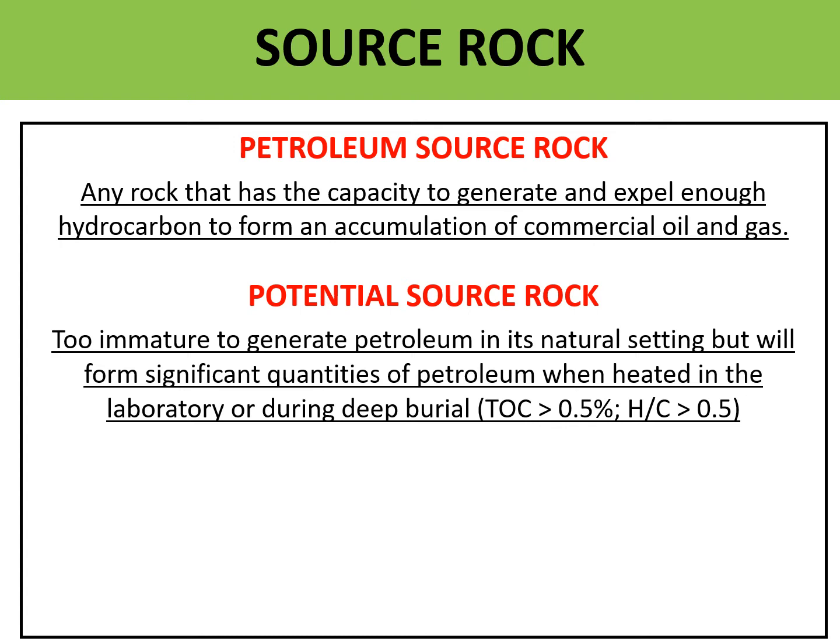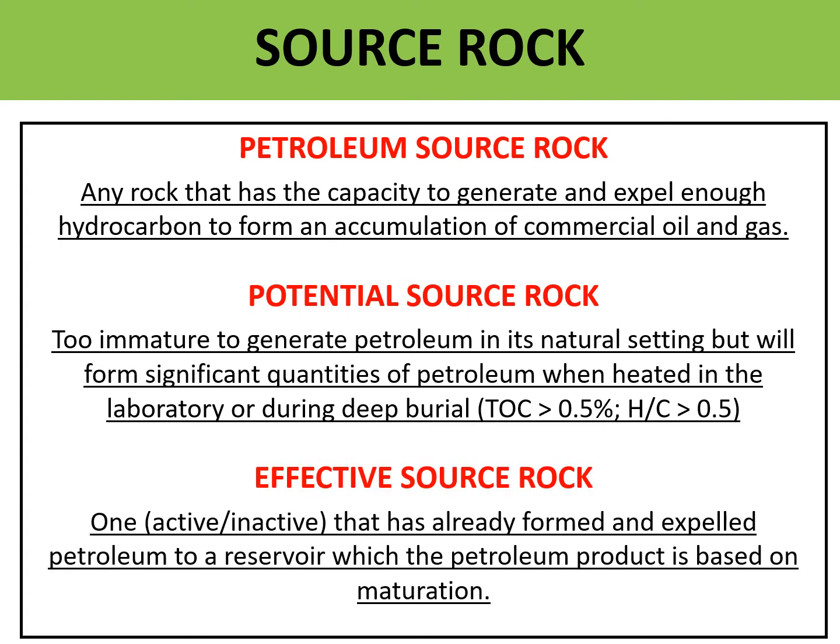For a source rock to be a potential source rock, it must have a minimum total organic carbon content of 0.5 weight percent, or it can be determined by the elements of hydrogen and carbon with a ratio of 0.5.